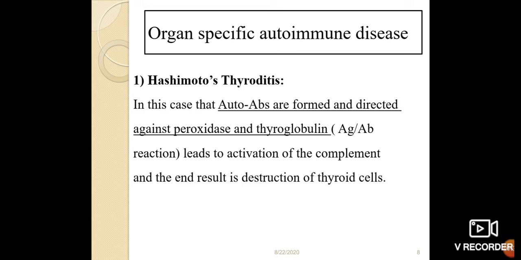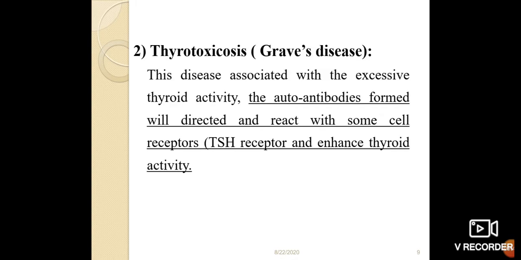This will result in formation of antigen-antibody immune complex and leads to activation of the complement, which ends with destruction of thyroid cells. The other type of thyroiditis is thyrotoxicosis or Graves' disease.